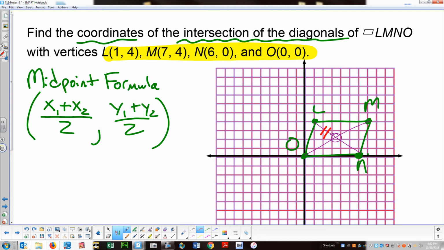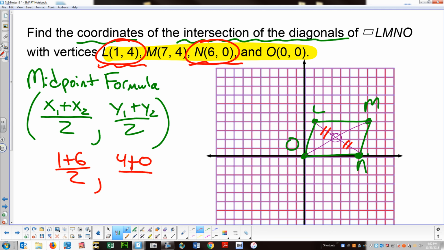But we know that this is the midpoint. So if I want to find that point, I can take 2 opposite points, L and N, and let's find the midpoint of those. Let's use these coordinates. We're going to average the x's, and we're going to average the y's.